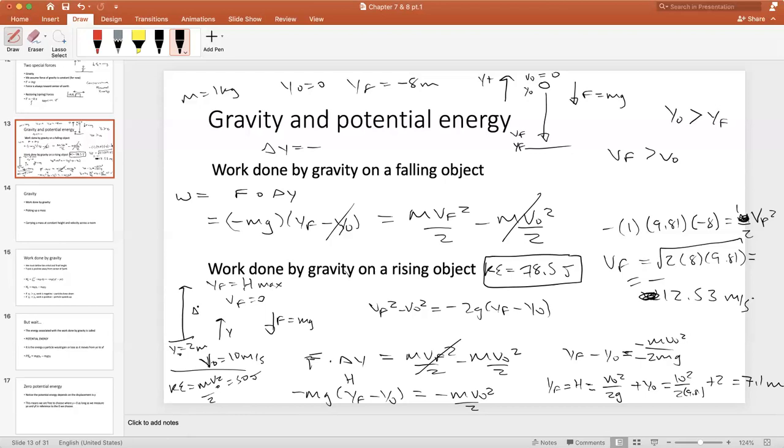Delta y is actually going up, F is going down. That means negative work, right? So negative work results in the object slowing down, losing kinetic energy, which is what it did. V final was 0. So V initial was greater than V final, and that means that this term was negative. It actually lost kinetic energy. It started off with 50 joules, and by the time it reached maximum height, it had no energy at all, right? 0.